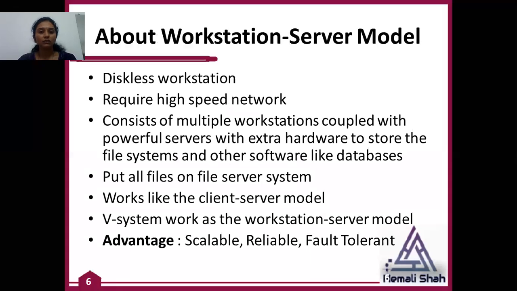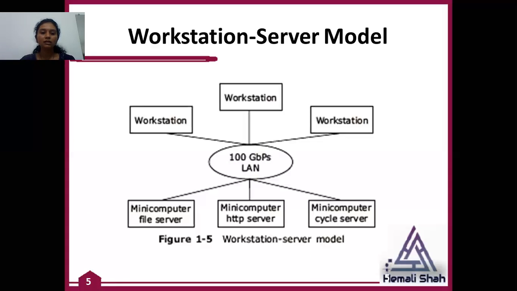Think about the disadvantage. What should be the disadvantage? Here are the single servers, right? So if all the users want only file servers, what will happen? This file server will be heavily loaded, and at the same time, these two servers are unused. So there is wastage of processing power of the HTTP server and cycle server, and a heavy load on the file server.